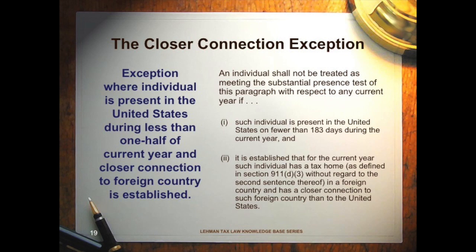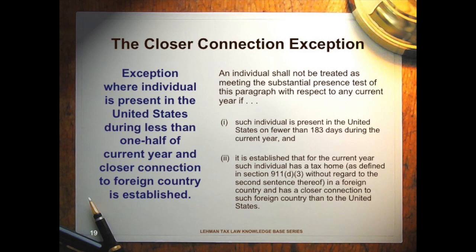Now, in order to qualify for this, you have to have what's called the closer connection, and this is termed the closer connection exception, which is an exception to the general rule of residency.